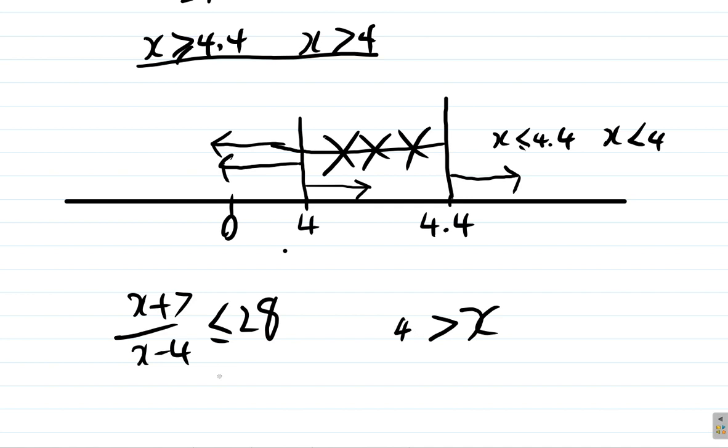It can't be equal to 4, so it's not less than or equal. x is less than 4, and x can be greater than or equal to 4.4. Alright? So that is the set of numbers that will work for this inequality.